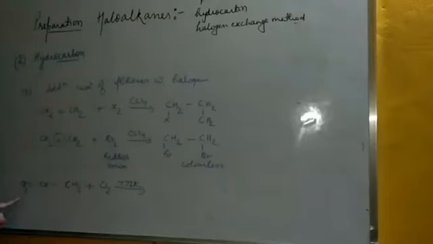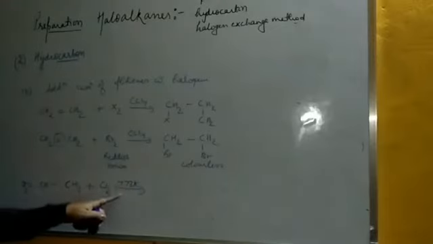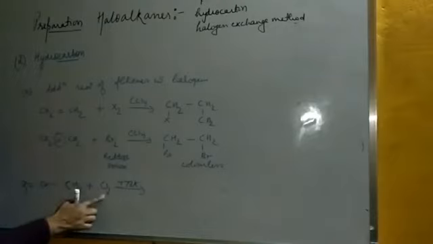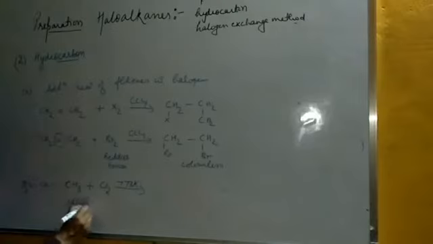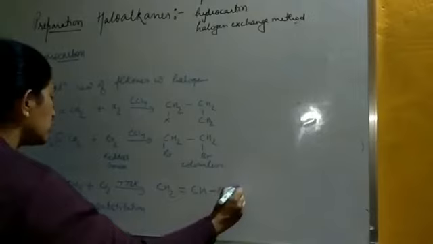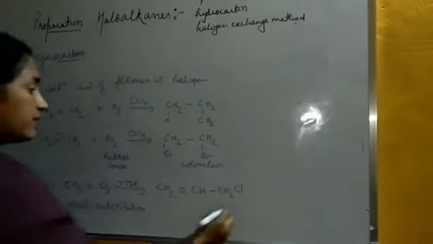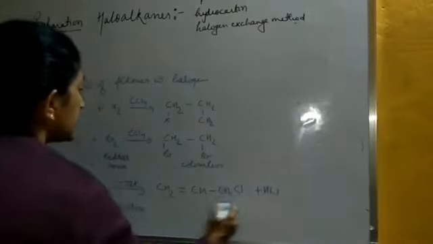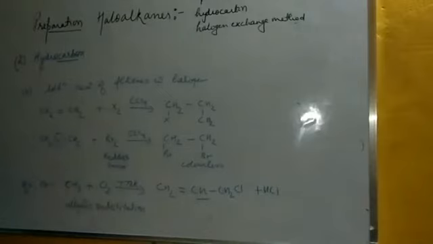Just check the temperature given to you: when the temperature is very high, the halogen will undergo allylic substitution, and the product formed will be CH2 double bond CH, CH2Cl plus HCl.